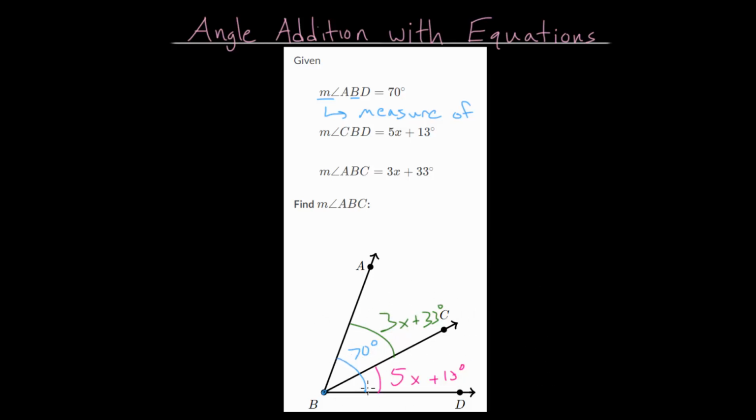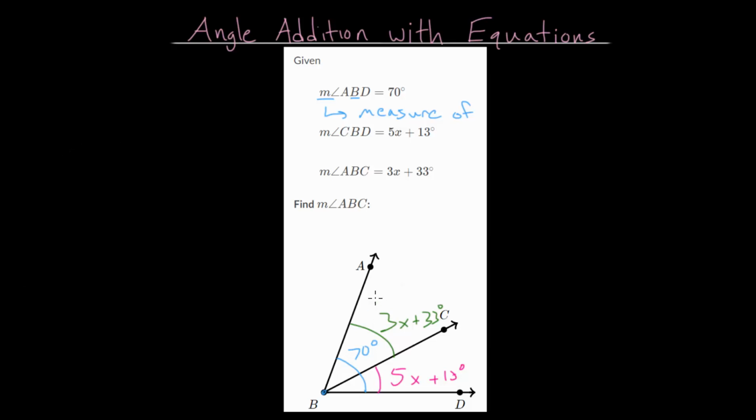So we can now use these different angle measures to set up an equation. Since we know the total angle is 70 degrees, and we know this one is 3x plus 33, and if we add it to this one here, this 5x plus 13, they will combine and add up to 70 degrees, since that's the total angle measure. So let's just set up that equation.